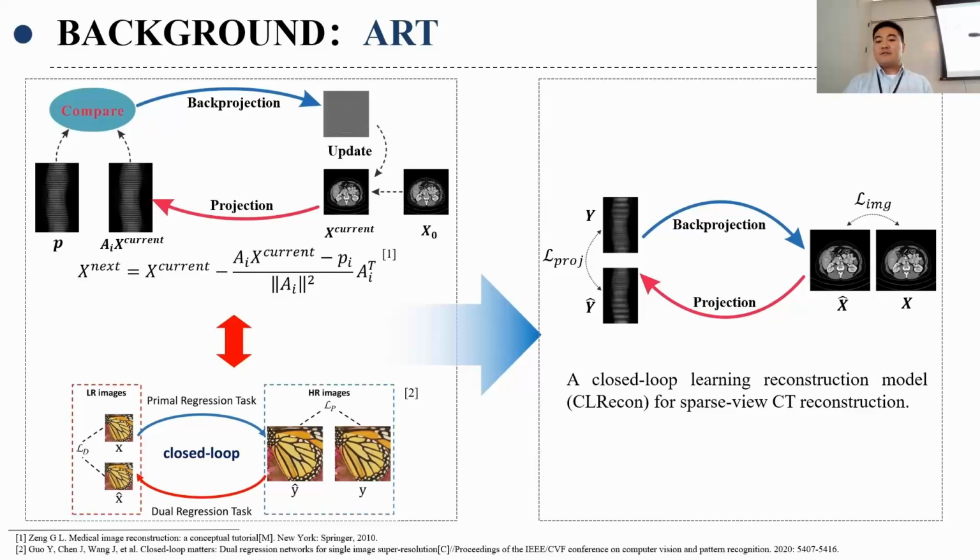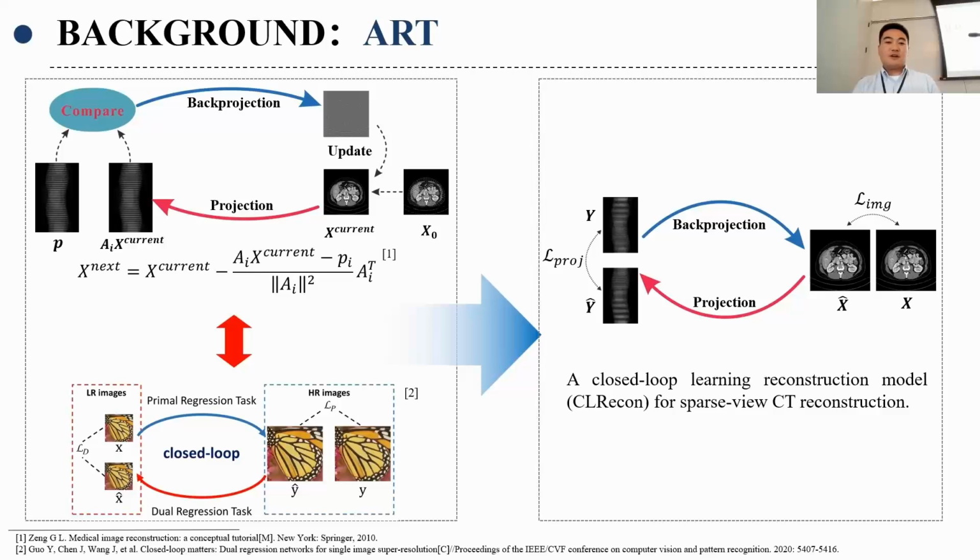Comparing iterative reconstruction algorithms with dual learning, the authors found a great similarity: a closed loop learning system is conducive to the solution of the problem. Based on this observation, this study intends to construct a closed loop learning reconstruction network for sparse-view CT reconstruction.